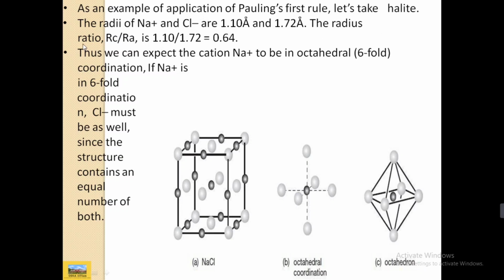The radius ratio rc by ra comes to 0.64. Now we have to calculate which coordination number this value represents. Thus we can expect the cation Na plus to have an octahedral coordination number.